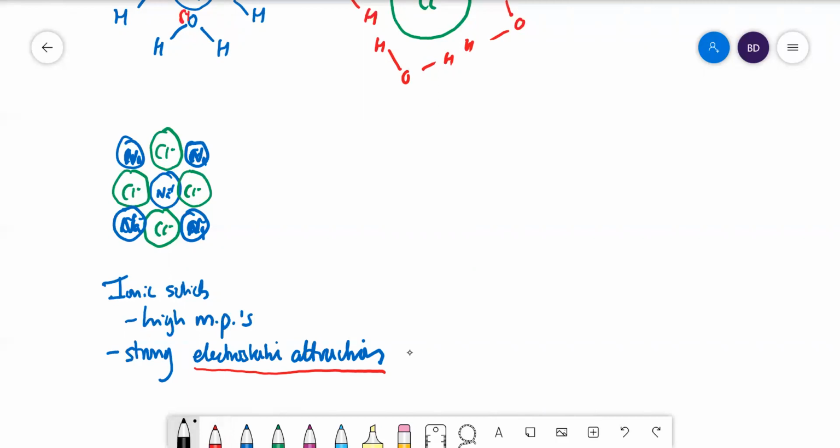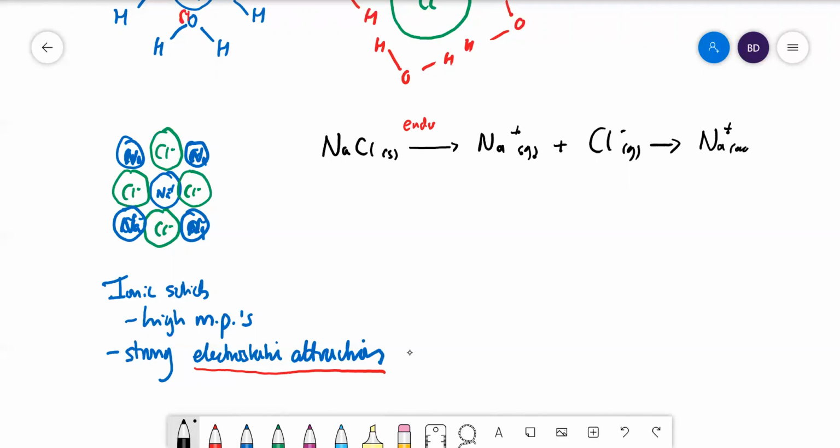Well, we now know that if you think of it in two stages, you've got NaCl solid. If we split those up into gaseous ions, Na+ gas and Cl- gas, that's going to be very endothermic, isn't it? You're going to need a lot of energy to do that. But we now know from the last couple of lessons that when you get sodium ions and chloride ions in aqueous solution, that's exothermic. This is delta H hydration, isn't it?